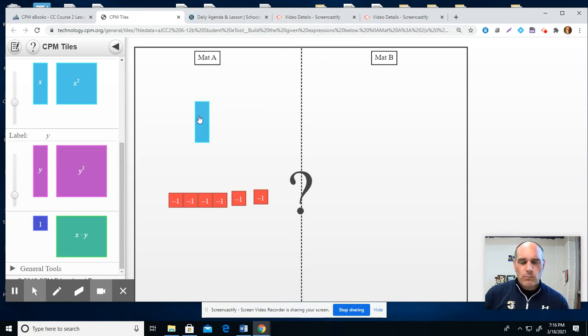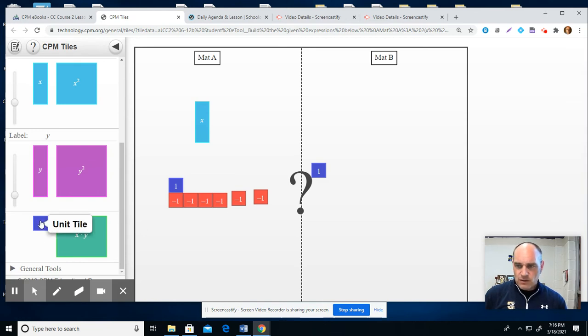Then I think that we could probably put on the same thing on both sides. So if I put a positive 1 on this side, I also have to put a positive 1 on this side, all right? Because this is just the opposite of what we've been doing. Instead of taking the same number off of both sides, let's put the same number on both sides, and that keeps it equal.